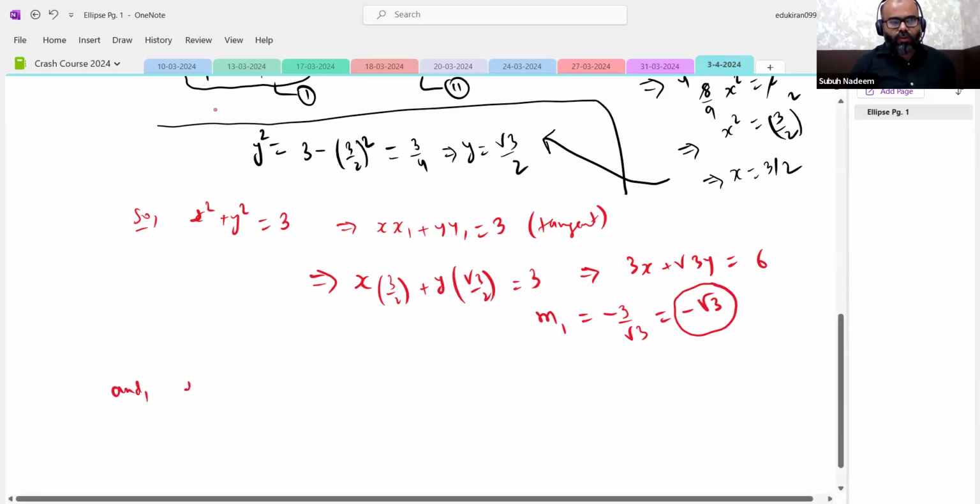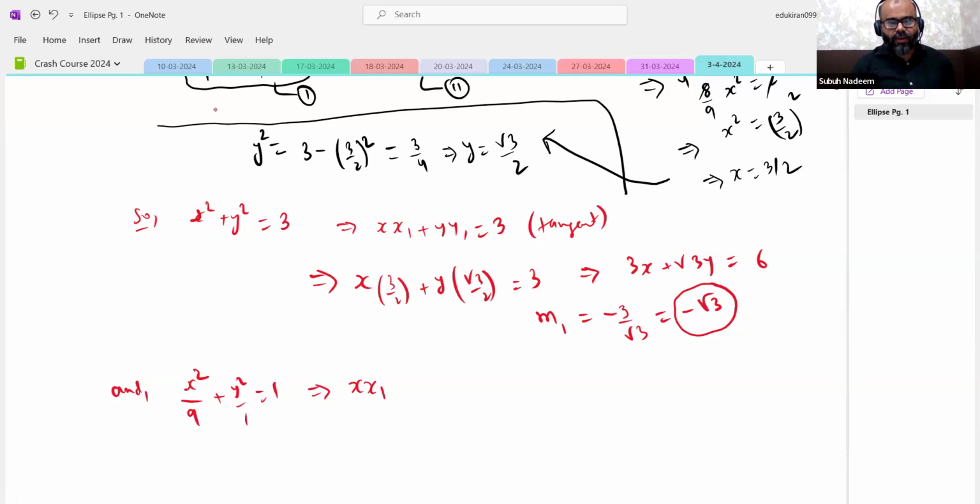So this is the slope of one tangent, the slope of the tangent to the circle. And if we talk about the ellipse, x square by 9 plus y square by 1 is equal to 1, the tangent will be x x1 by 9 plus y y1 by 1 is equal to 1. Here x1 is 3 by 2 upon 9 and y1 is root 3 by 2 upon 1 is equal to 1.